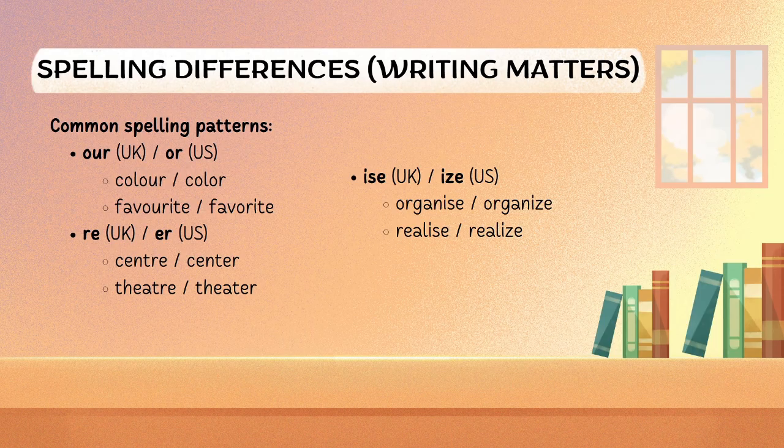So, one important rule: choose one style and stay consistent. Mixing British and American spellings in the same text looks unprofessional. So remember, if you want to do an exam, an email, or professional writing, or if you want to practice English, choose your own style. It could be British or American.